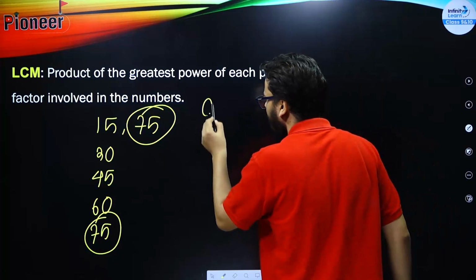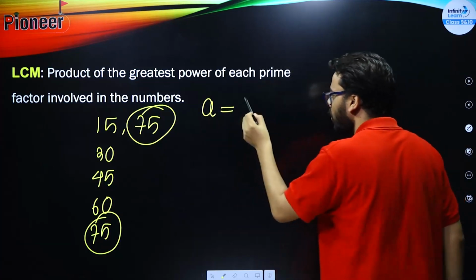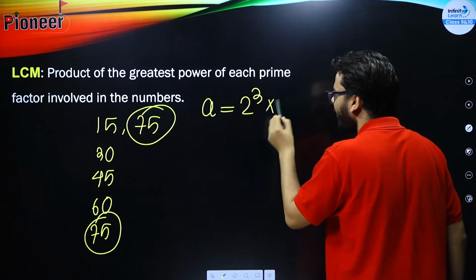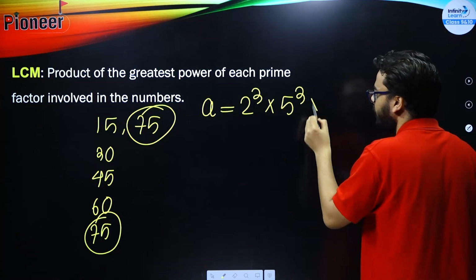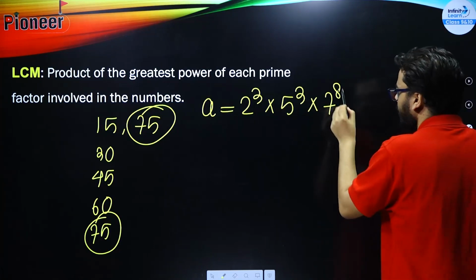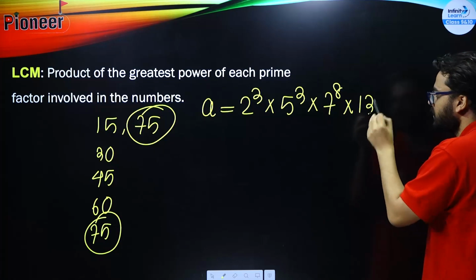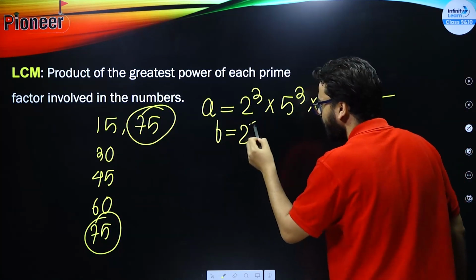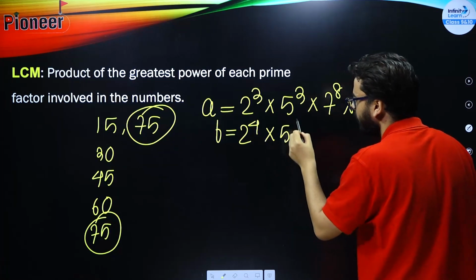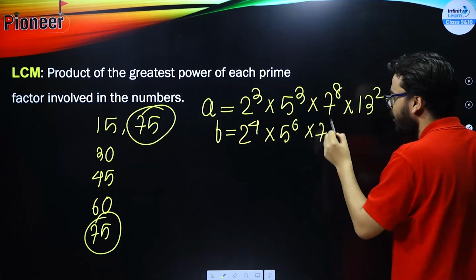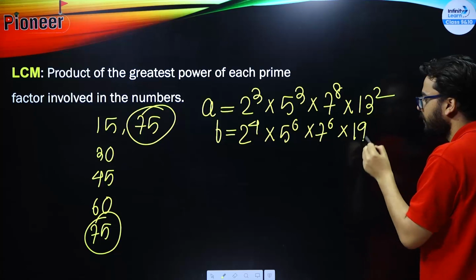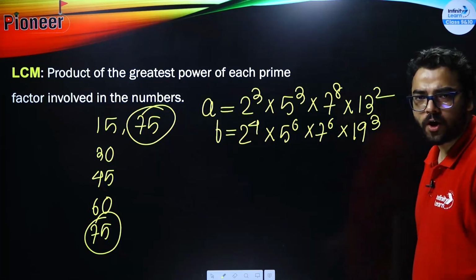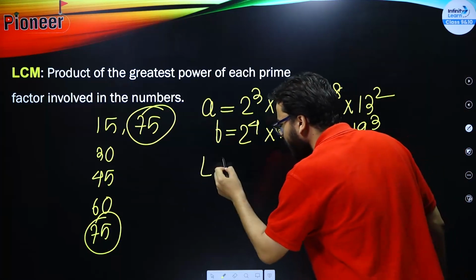For example, I am taking two numbers which are already there in the prime factorized form. Suppose like this, okay? And suppose B is there already in the prime factorized form, okay? Like this. And you want to find the LCM, least common multiple.